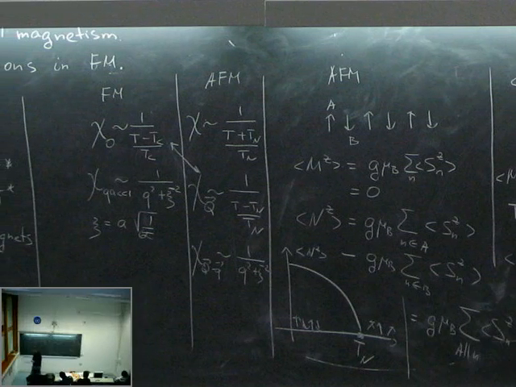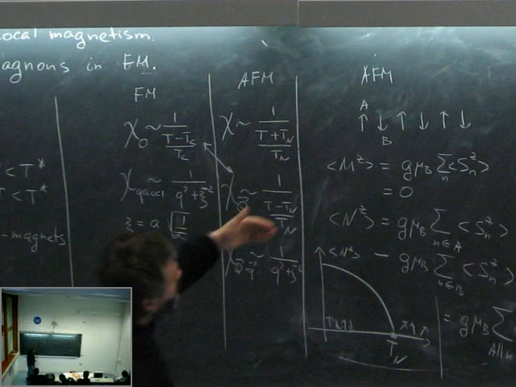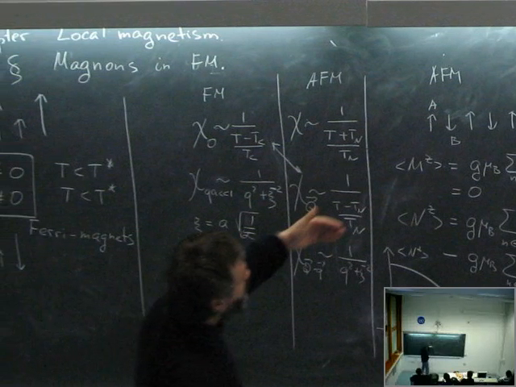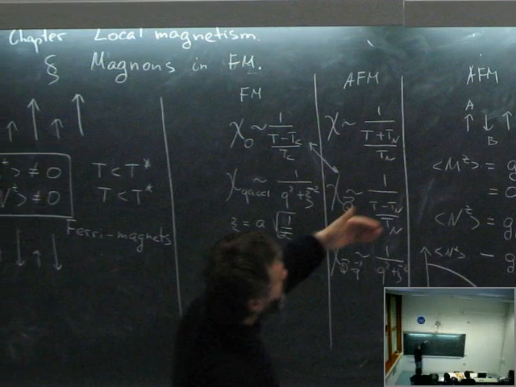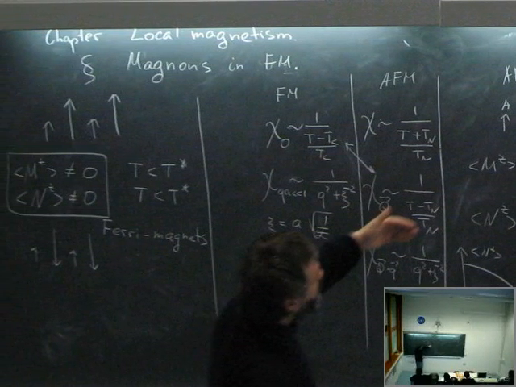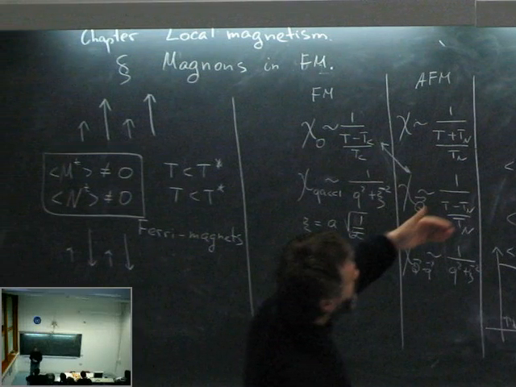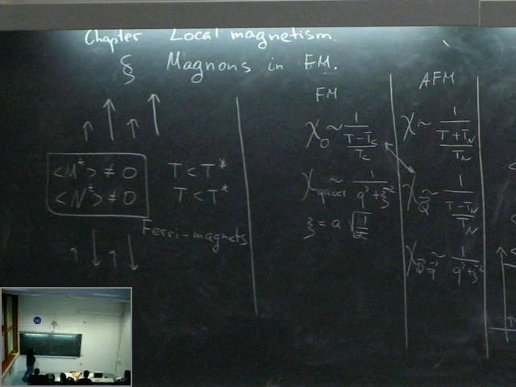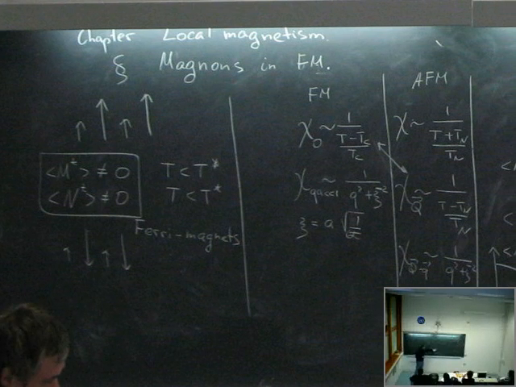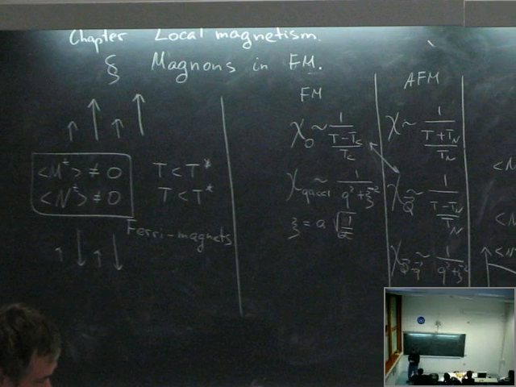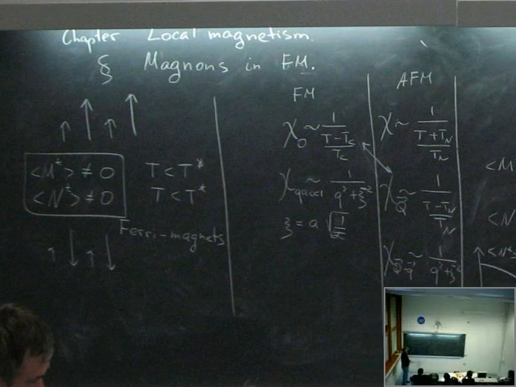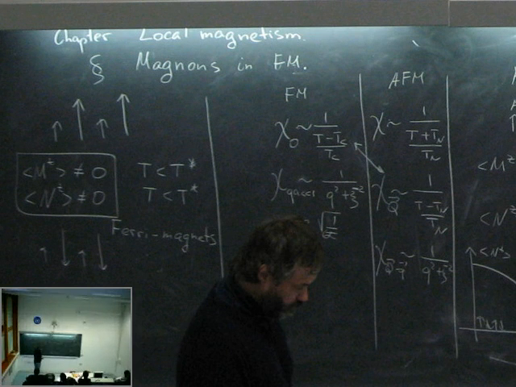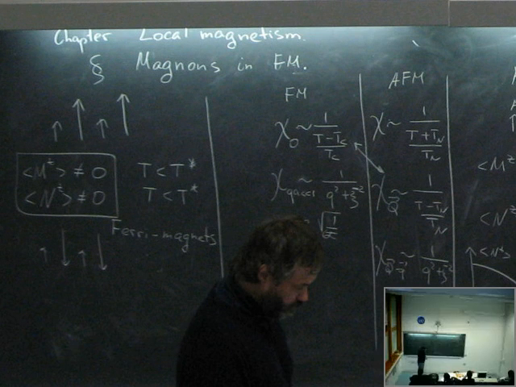But although it seems that the behavior above the critical point is pretty much the same if we translate our behavior at zero wave vector and at the reciprocal wave vector, we will see on Thursday, and start to see today, that the excitations in the ordered phase are very much different for ferromagnets and antiferromagnets. Of course, they will be different for ferrimagnets as well. Okay, good.